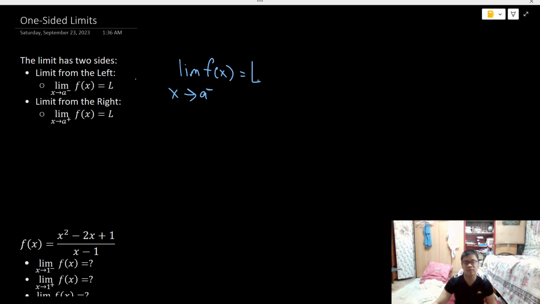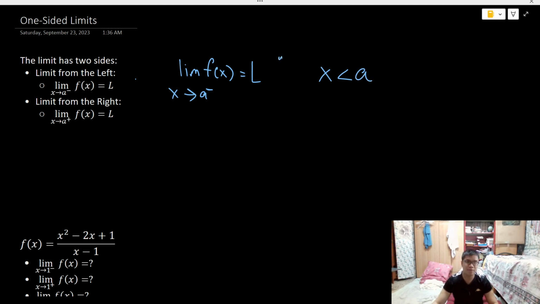When you have a negative sign as the exponent, on the top right of the a, or the input rather, it implies that you're approaching a from the left. That means x is less than a.